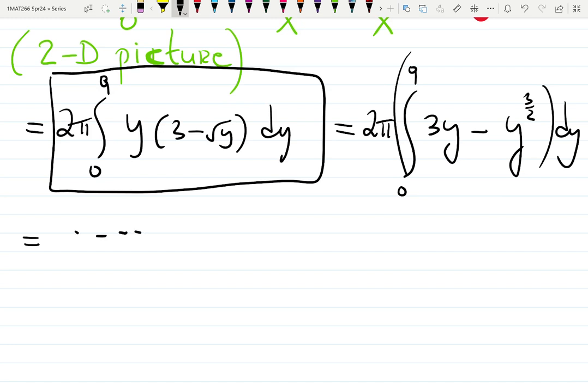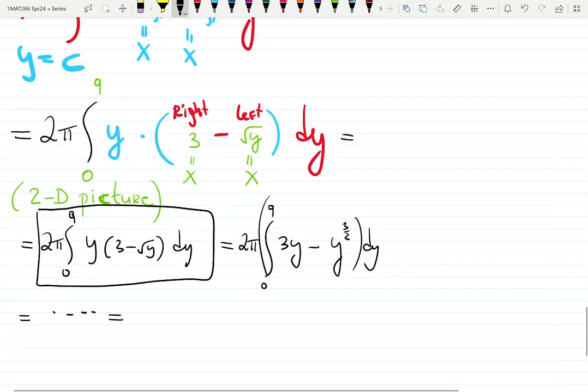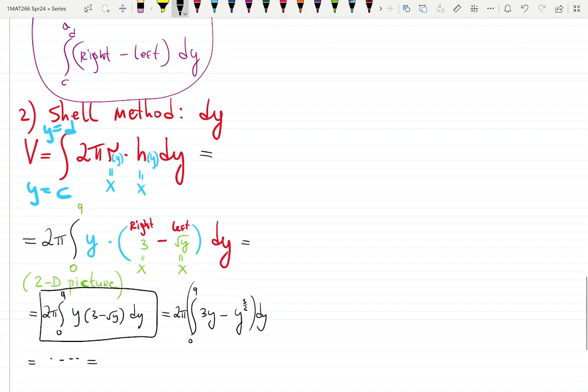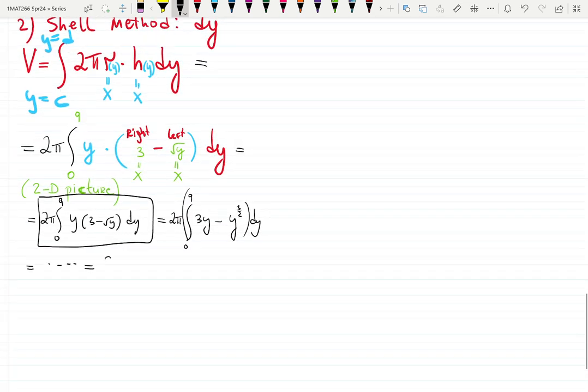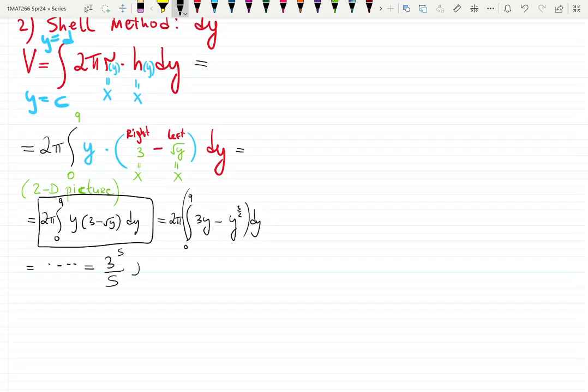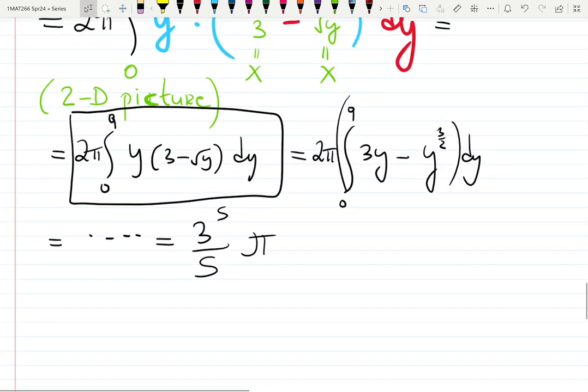Blah, blah, blah. It should be the same number. I wanted to check, but I want to talk about work a little bit. 3 to the 5 over 5 pi. Should be. You can double check if it's true or not.